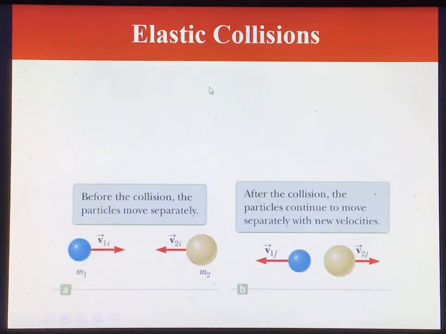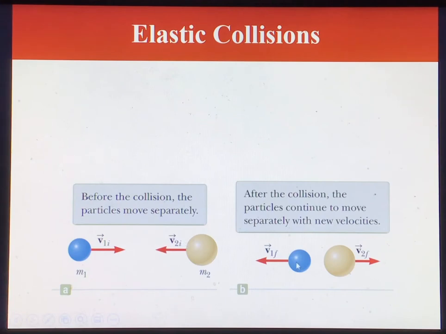All right. So the second type of collision is called an elastic collision. In an elastic collision, you can see that before the collision, the two particles are moving separately. But after the collision, the two particles continue to move separately with new velocities as well. You can see in this picture that you have some particle M1 moving with some velocity V1I, and some particle M2 moving with some velocity V2I.